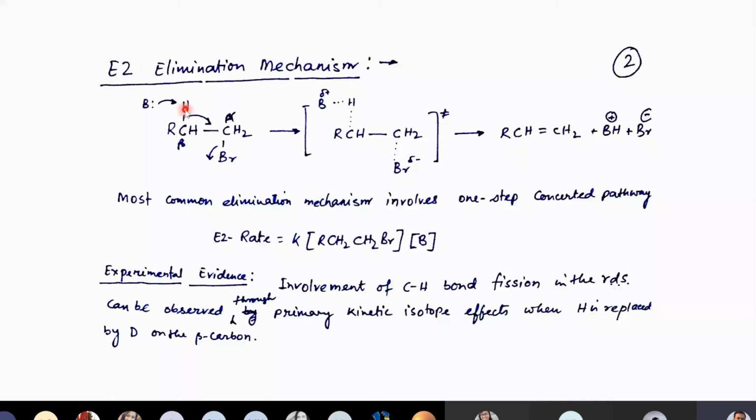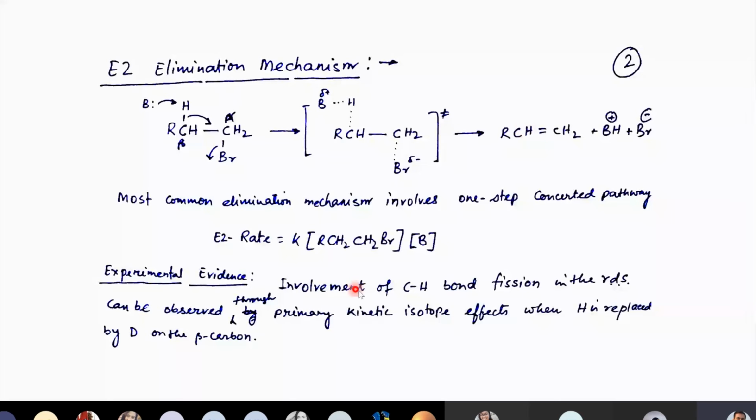That means if you replace this proton with deuterium, an isotope, then you will get a primary kinetic isotope effect. So if E2 elimination shows a primary kinetic isotope effect, then it means this reaction is going via the E2 pathway. Okay, so you should remember the experimental evidence for all three mechanisms. It's clear, I hope.